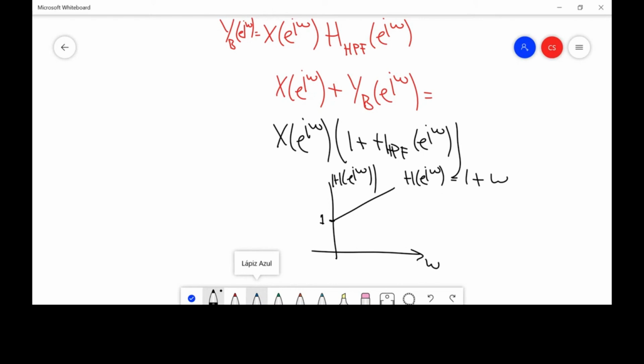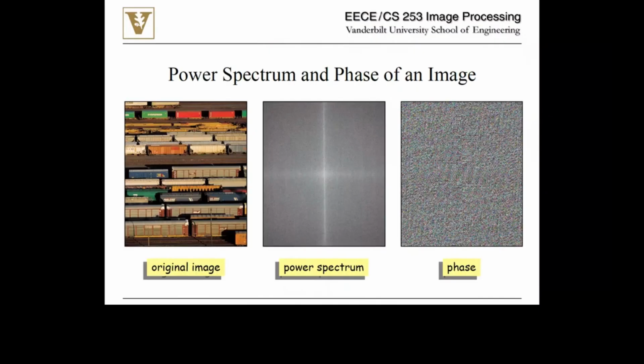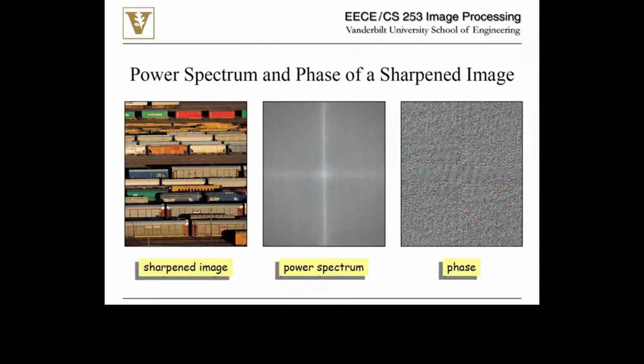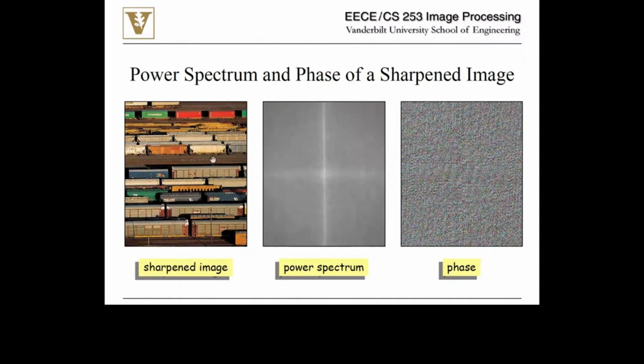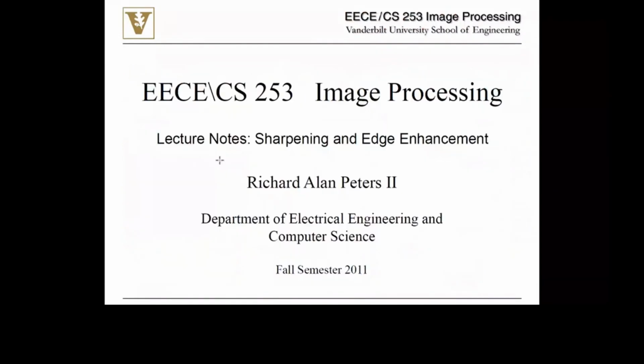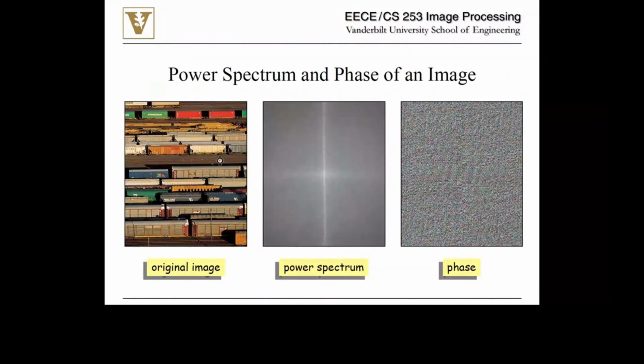Those filters are called sharpeners, because they sharpen the borders. And we can see an example here. This is the original image. This is the image with enhanced borders. Look at this one, for instance, here. You see?